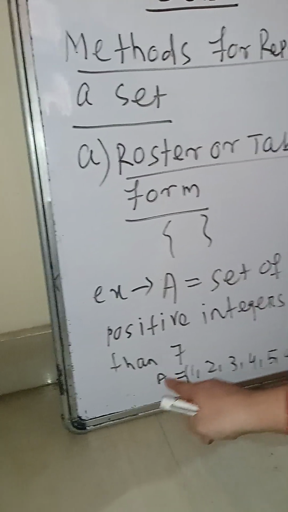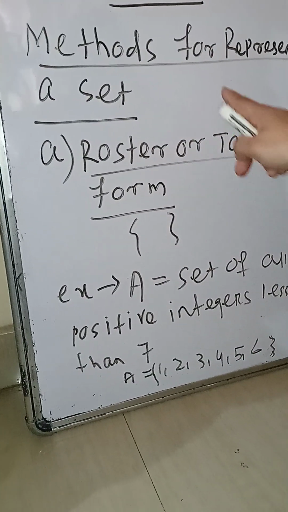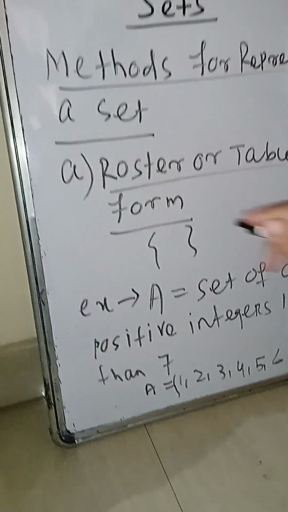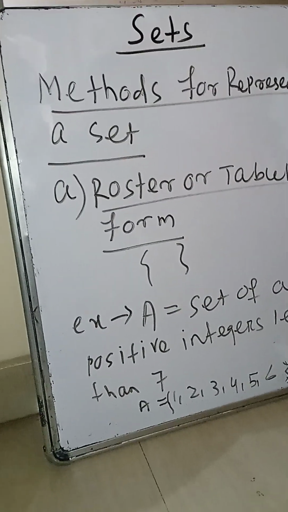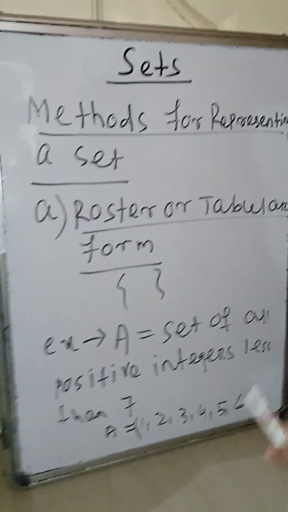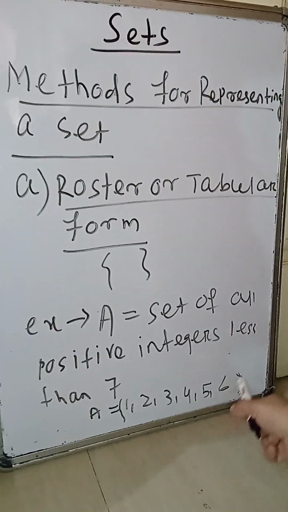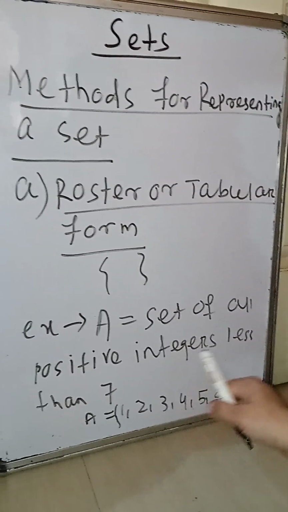So this set A is represented in tabular form or roster form. In tabular form or roster form, the elements of the set are written individually, separated by commas and enclosed with curly braces.